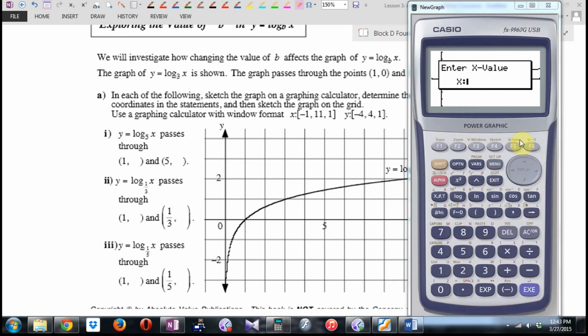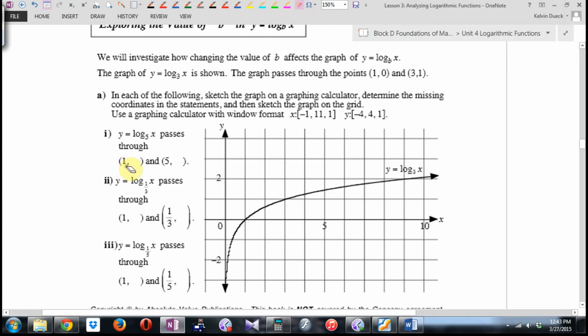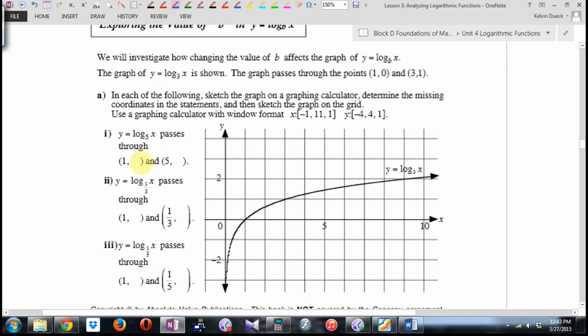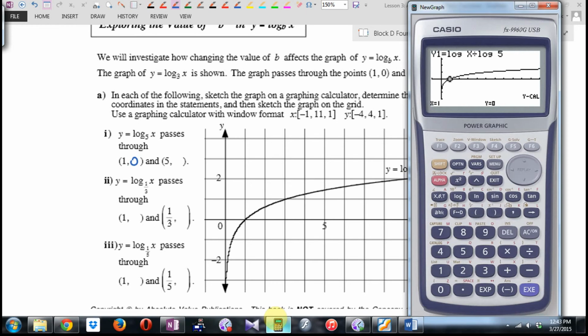The first thing we want to find is when x equals 1. So can you type 1? This graph goes through 1 comma what? Oh, okay. So one of the points on here is 1 comma 0. And the other one it wants us to check out: G-solve, arrow sideways, Y-calc.